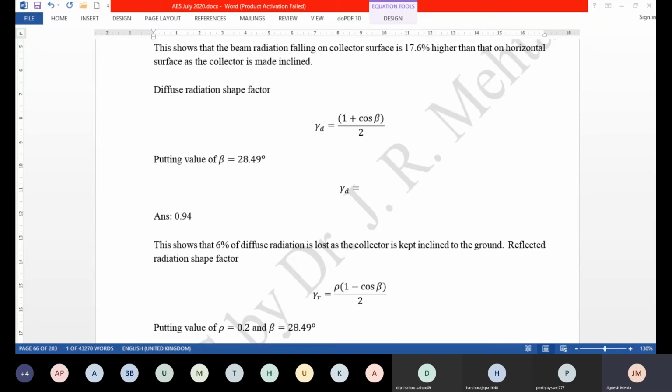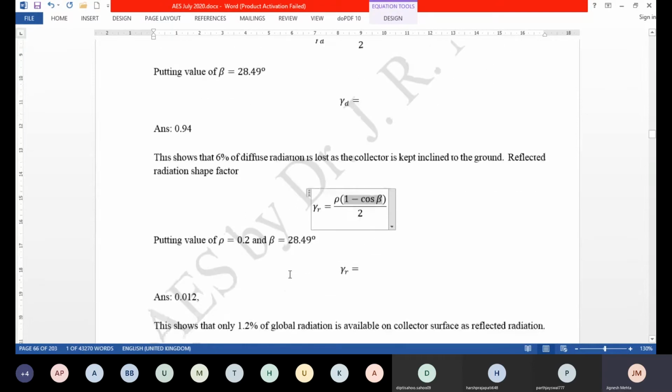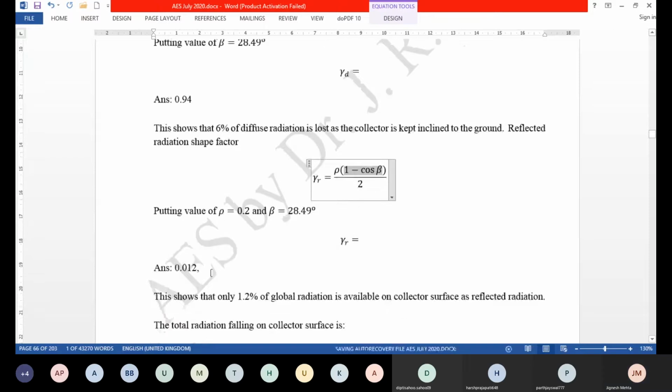Yes, so let's check. I hope that's the correct value. Yes, 0.012. So what does it mean? You might feel that yes, you are getting some reflected radiation, but then it's a very small part, right? It is 0.012.